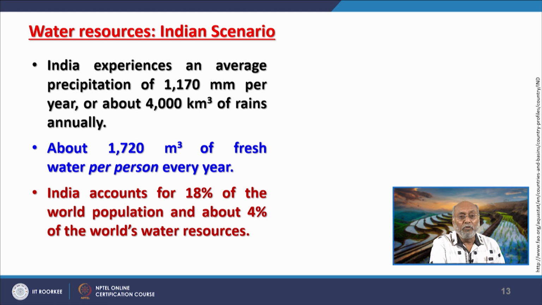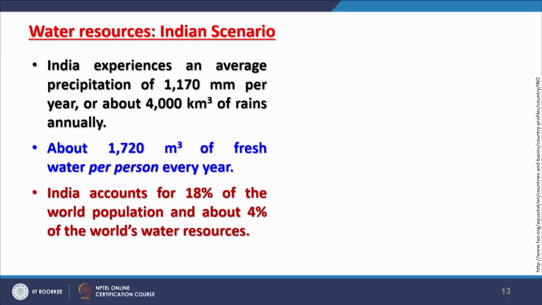So, India accounts for about 18% of the world population and about 4% of world water resources, and that is the problem in India. That is why the study of groundwater is very important, groundwater engineering, and that includes where to find water, how to exploit water, how to construct proper groundwater structures and so on, and where to recharge the groundwater.